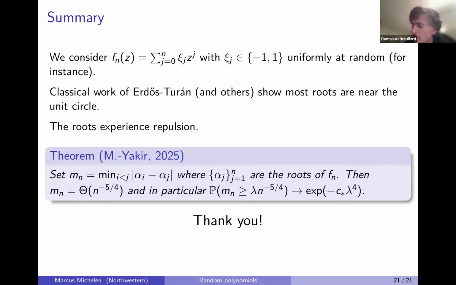Generally speaking, I'm interested in what happens when you fix a transcendental number, let's say z, and ask what the probability is that it becomes a root. I think this decays exponentially fast, and there are theorems like this, depending on how close the transcendental number is to the unit circle.